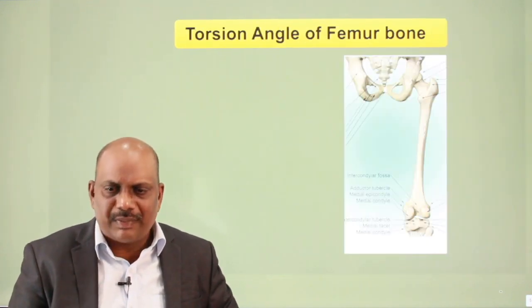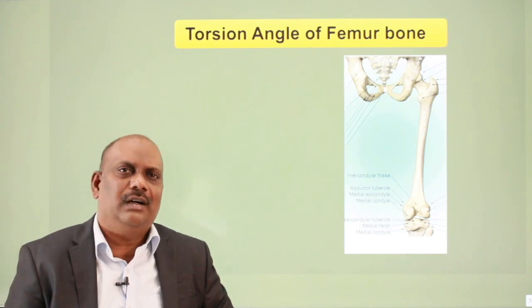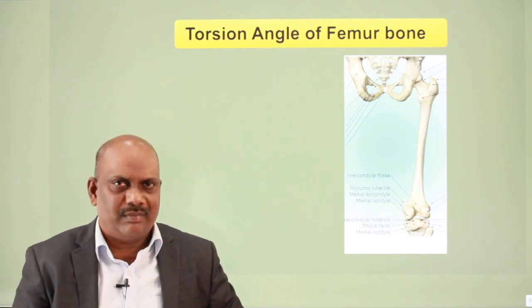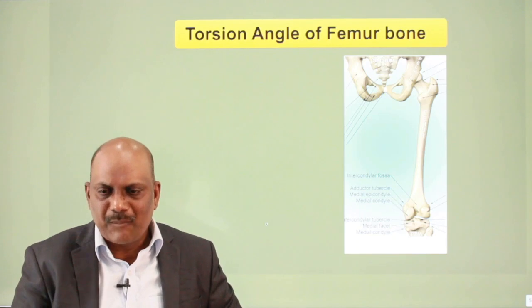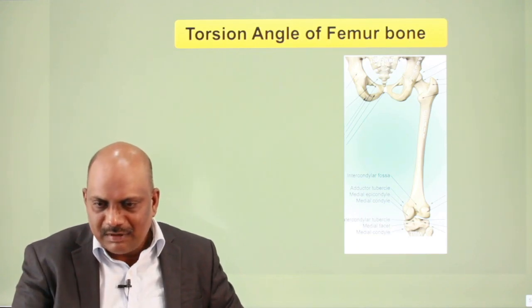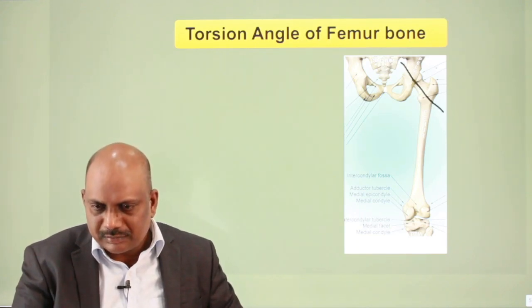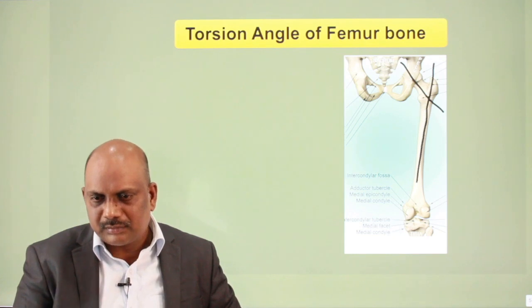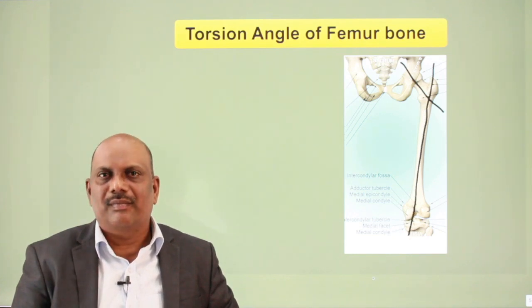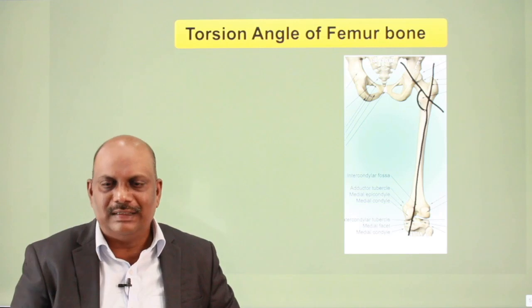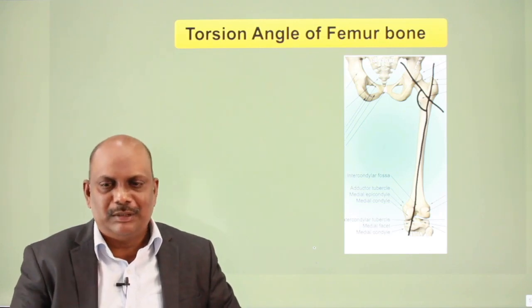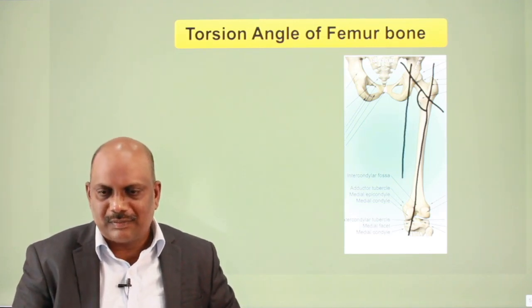Then next, presence of torsion angle for the femur bone. See here, the way in which this bone is attached, this angle, we call it the torsion angle. This bone is not straight like this.